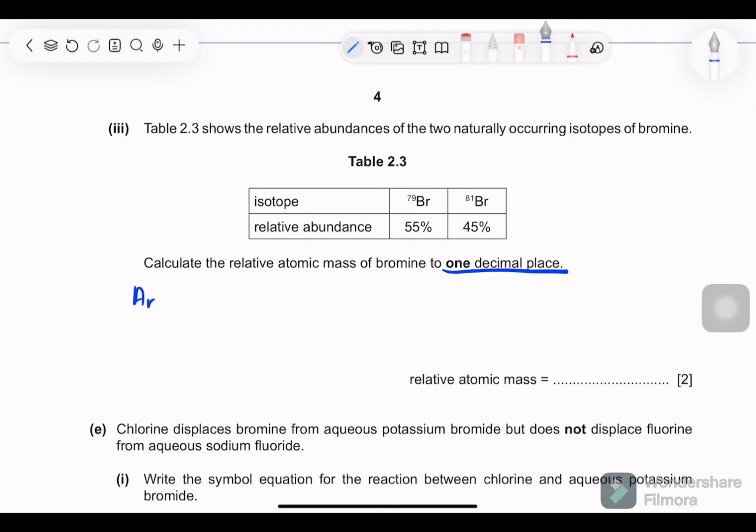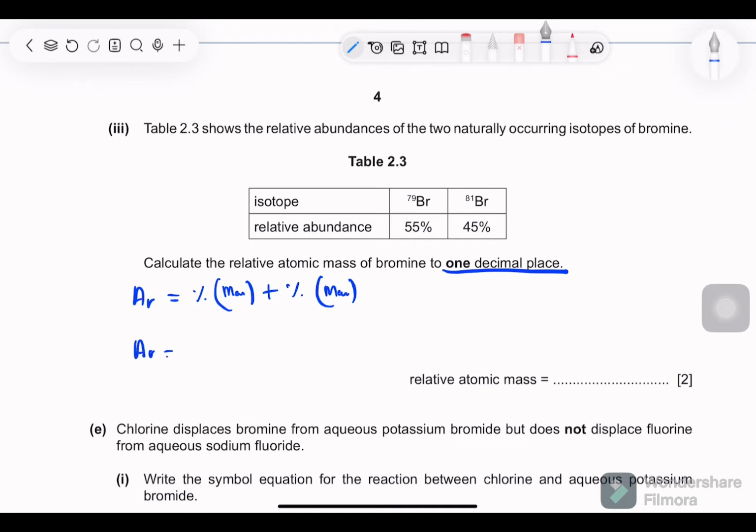So the atomic mass will always be the percentage abundance multiplied by the mass of one isotope, plus the percentage abundance and the mass of the second isotope. This will always remain the same no matter how many isotopes and their respective percentage abundances you have.